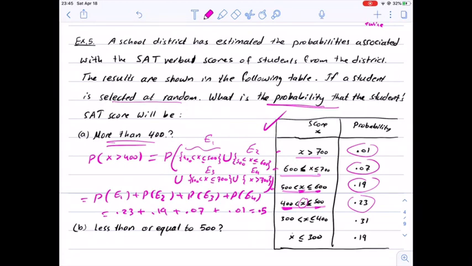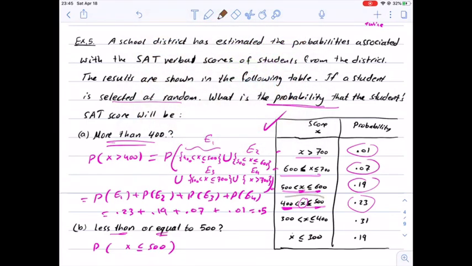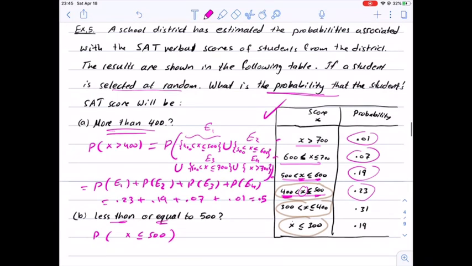For part B, the probability that the student's SAT score will be less than or equal to 500. So the probability of X less than or equal to 500. That means less than or equal, this event and this event.